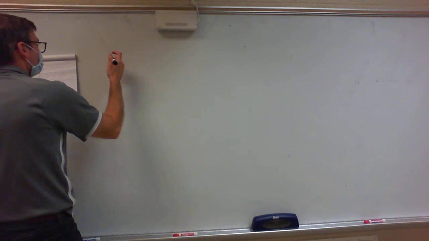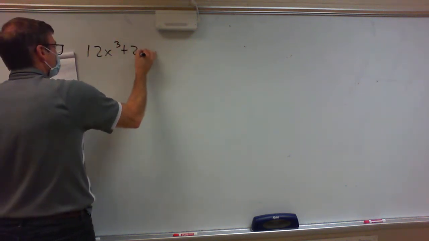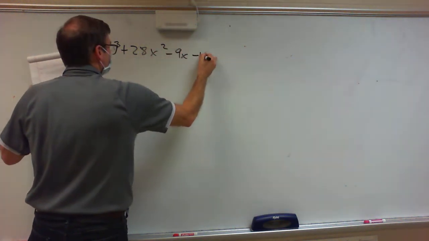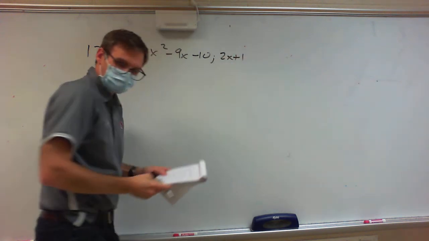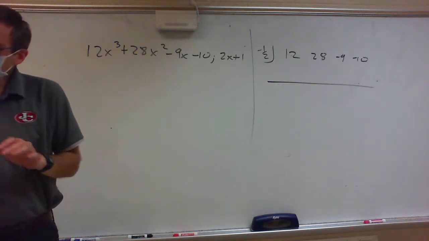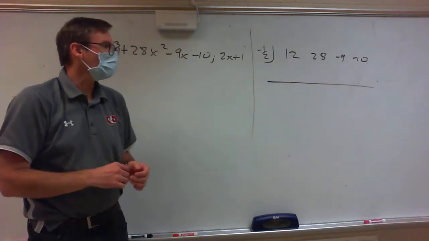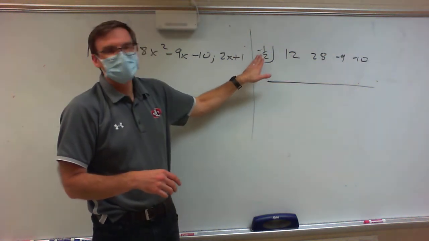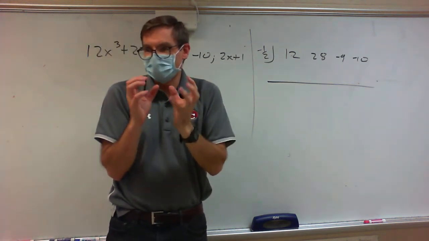And so let's say I give you 12x cubed plus 28x squared minus 9x minus 10 and 2x plus 1. I don't know if you remember this, but when we were doing synthetic division a couple of weeks ago, I said anytime you put a fraction in this little box, a lot of you start twitching because you hate fractions.